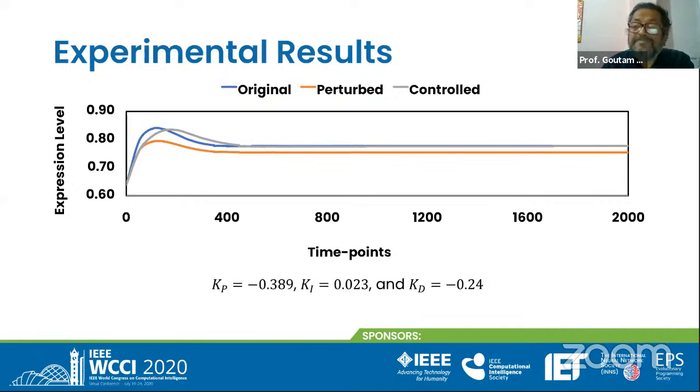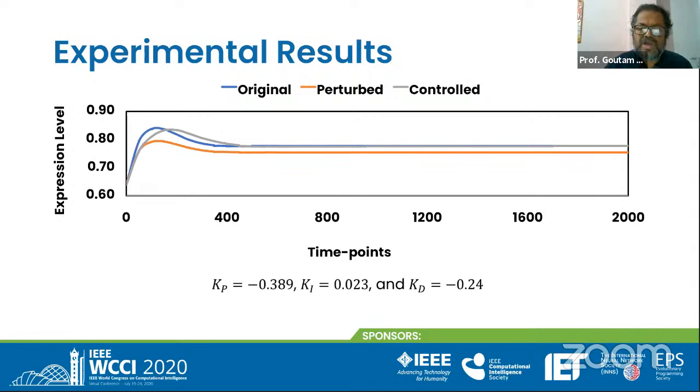Have you seen? That means my expression level of G4 has been restored to normalcy. When G4 is restored to normalcy, the genetic disease caused by G4 has gone. It has been totally removed.